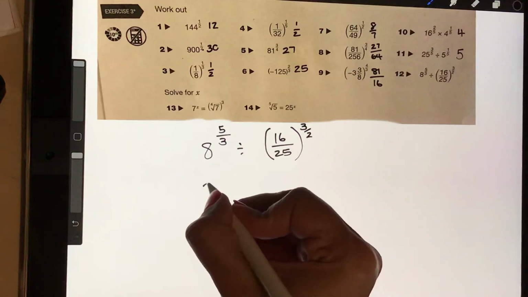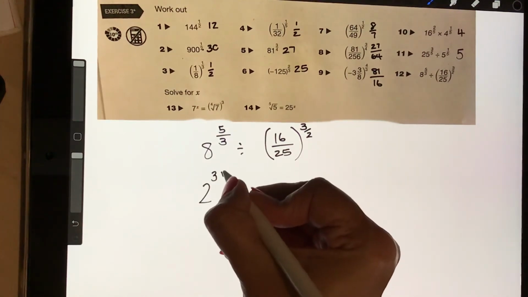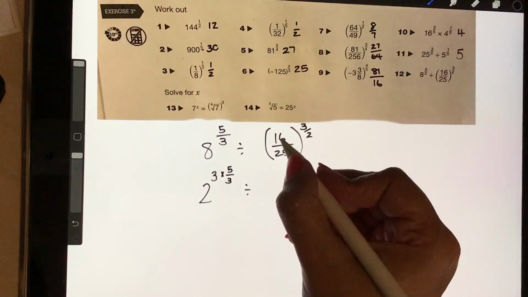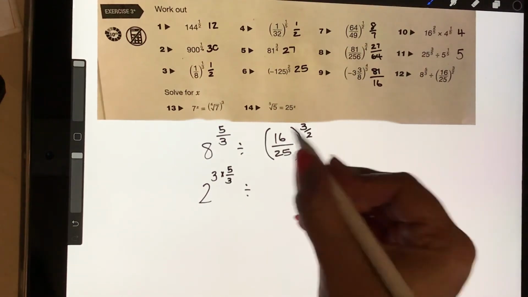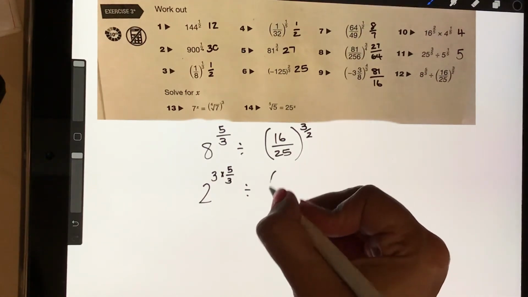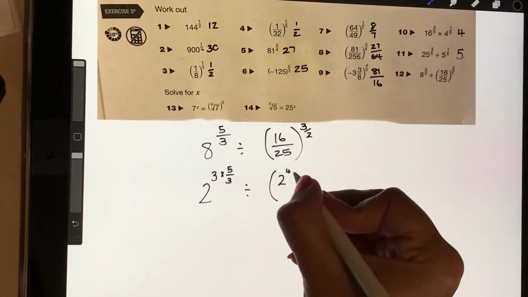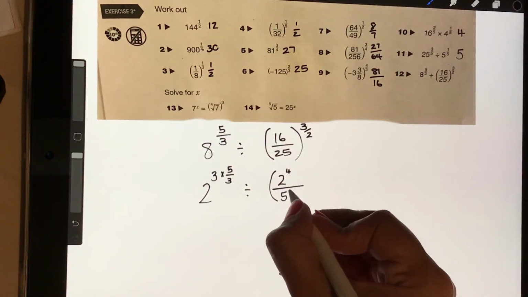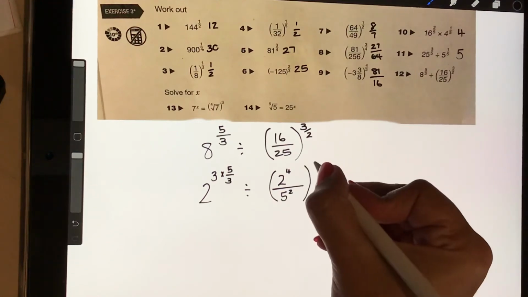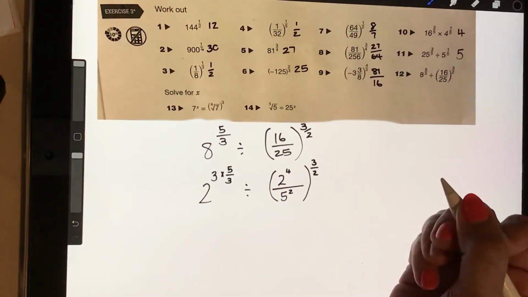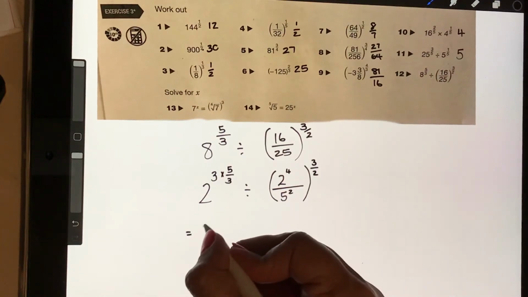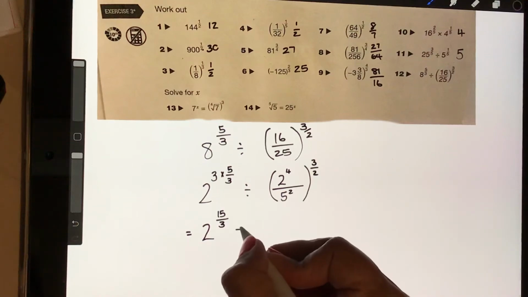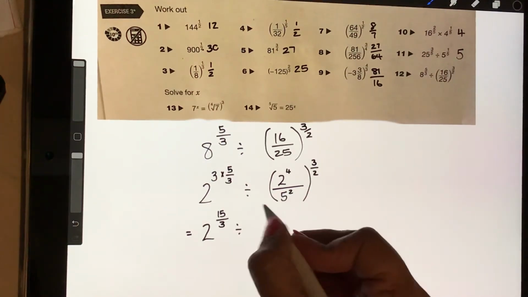I'm going to say 8 is 2 to the power of 3 times 5 over 3 divided by, I'm going to change the 16 into a 2 to the power of 4, and I'm going to change the 25 into a 5 squared, all raised to the power of 3 over 2. So that will give me 2 to the power of 3 times 5 is 15 over 3 divided by, and now I'm going to have to multiply that with one another.